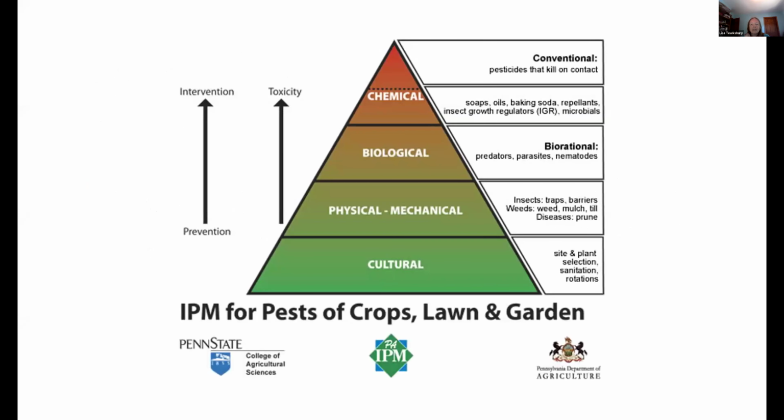So I had somehow eliminated this at the beginning, but I can show you now. I think this is a good model for putting a lot of care into your site and plant selection, your choice of sanitation, crop rotation, monitoring with traps, barriers, mulch if it's helpful, and then doing what you can to allow the biological control to happen, whether it's natural or something that you facilitate, and then saving that increased intervention.